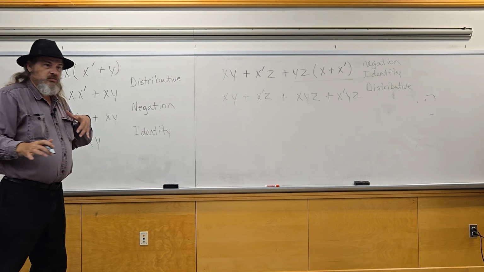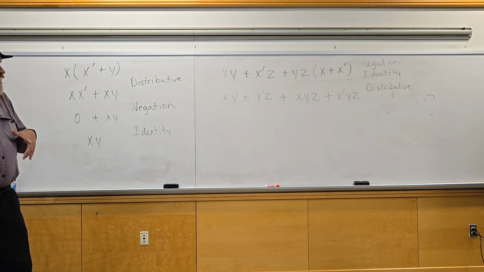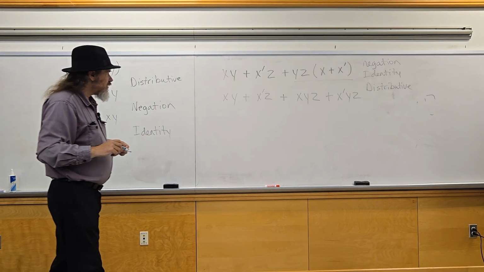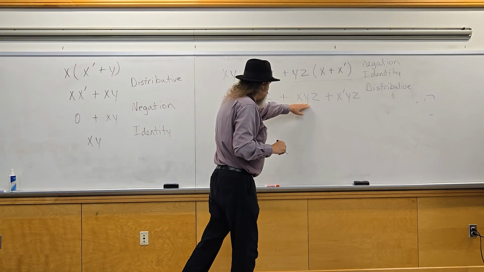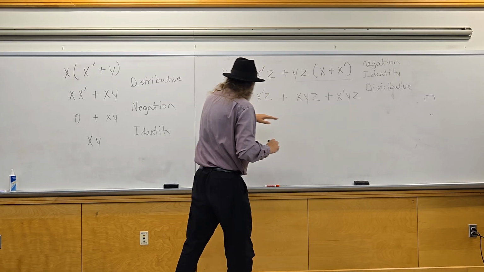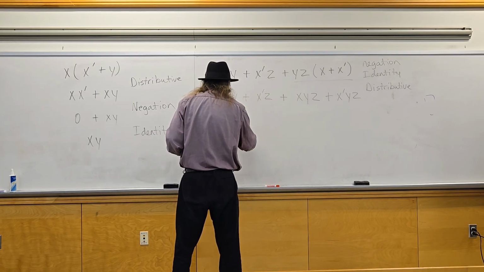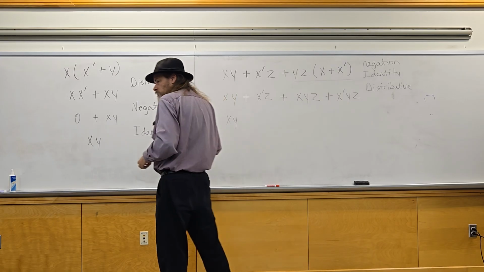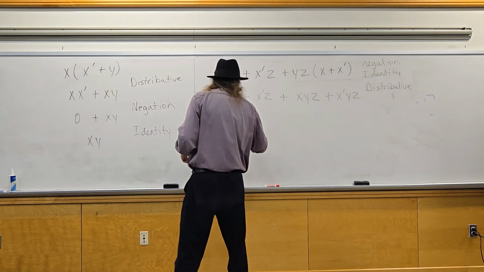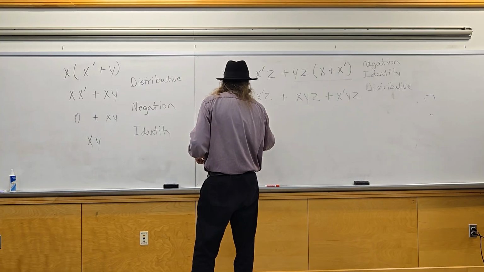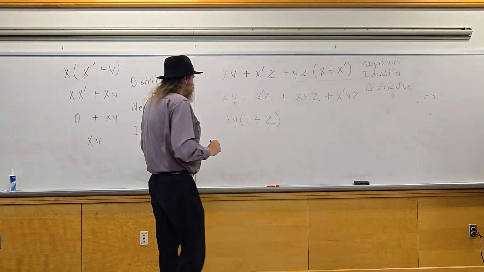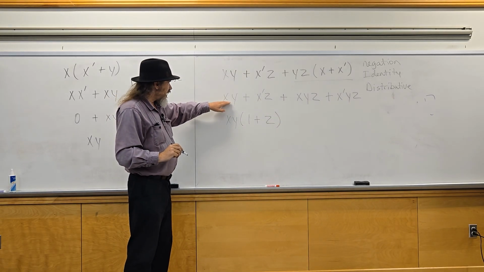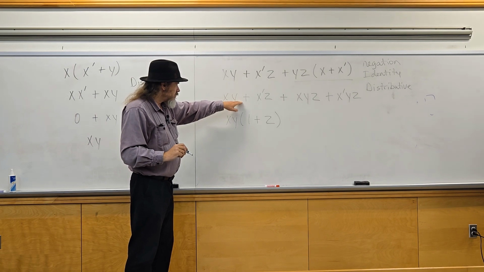Then you could use the distributive again to factor out x y from these two terms. So it would be x y and (1 plus z), because this is x and y and 1.